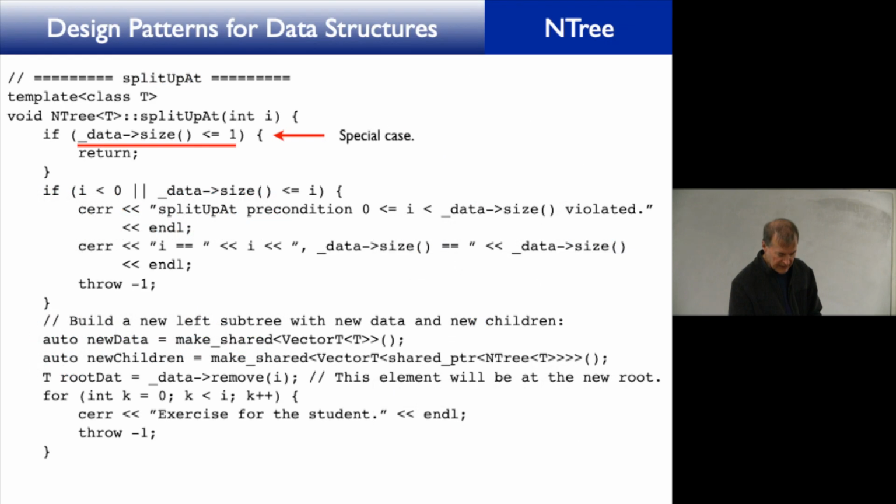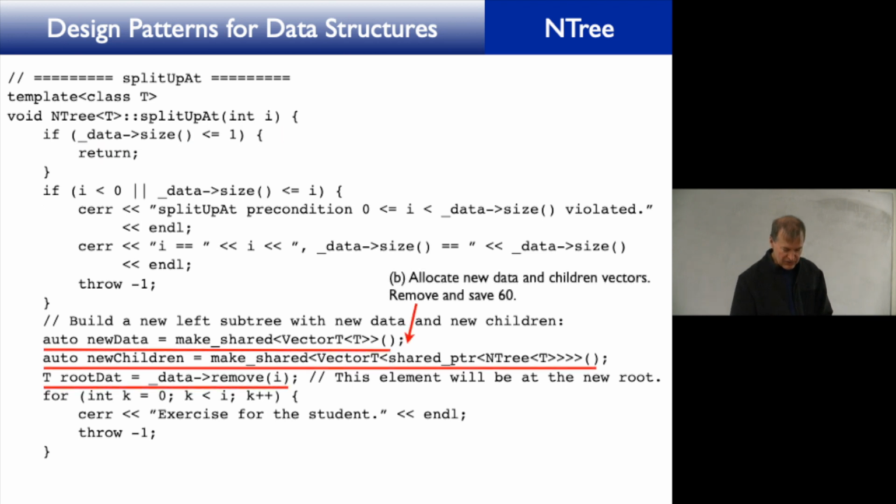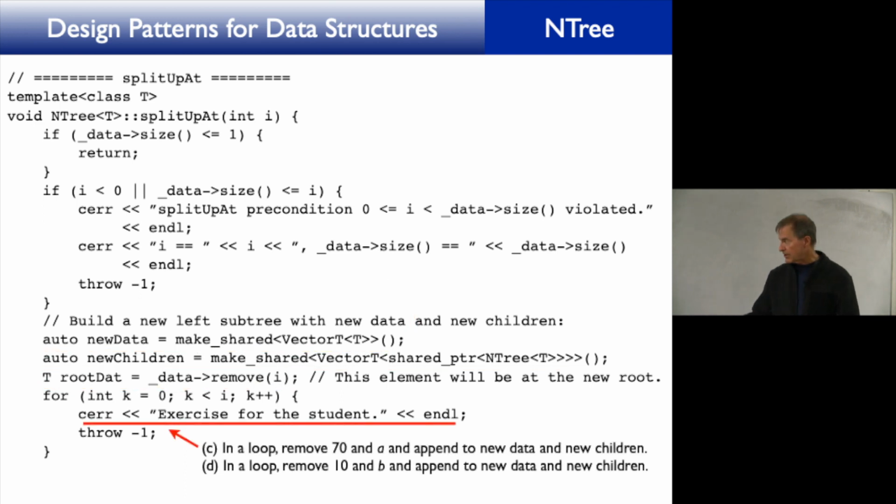And then we did a little code walkthrough with this split up at. We saw the special case here, and then we saw part B, allocate new data and children vectors, remove and save 60. And then we looked at this in a loop, part C and D, in a loop remove 70, and in a loop remove 10.